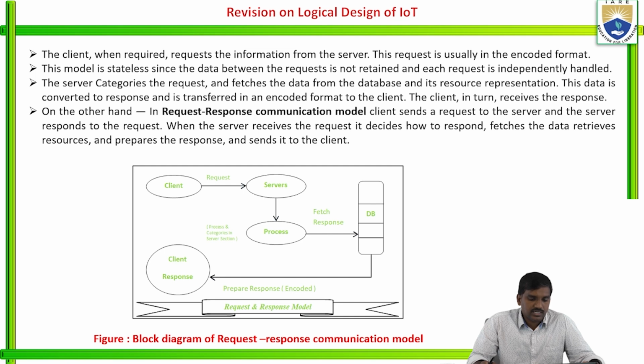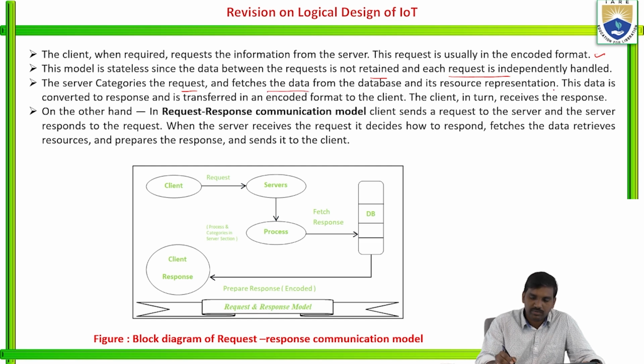The client, when requesting the information from the server, usually sends the request in an encoded format. That is the elaboration of the first point. This model is stateless, since the data between requests is not retained. Each request is handled independently. That is the second one. The server categorizes the request and fetches the data from the database.